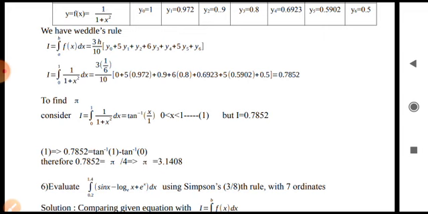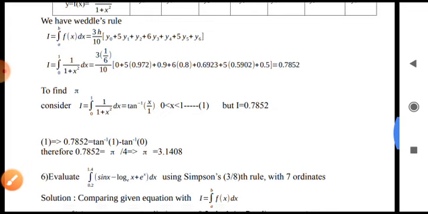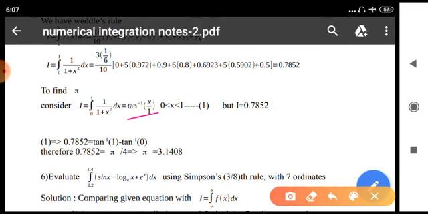The integration of 1 by 1 plus x square dx is equal to tan inverse of x by 1, with x lying between 0 to 1, because we know integration of 1 by a square plus x square is 1 by a times tan inverse of x by a. If we apply that formula, then we will be getting tan inverse of x.